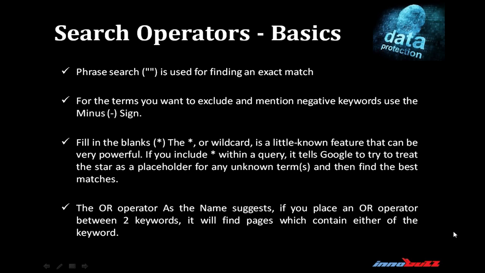If you include a star within a query, it asks Google to treat the star as a placeholder for any unknown term and then find the best matches. The OR operator, as the name suggests, if you place an OR operator between two keywords, will find pages which contain either of the keywords.